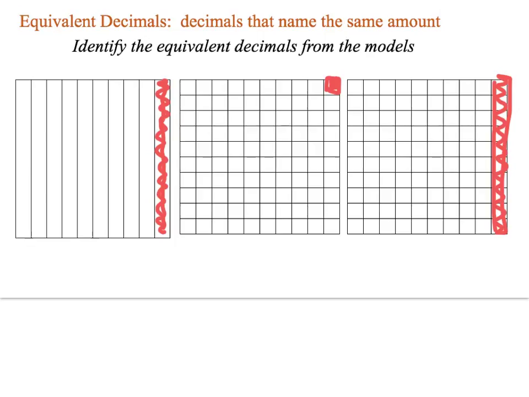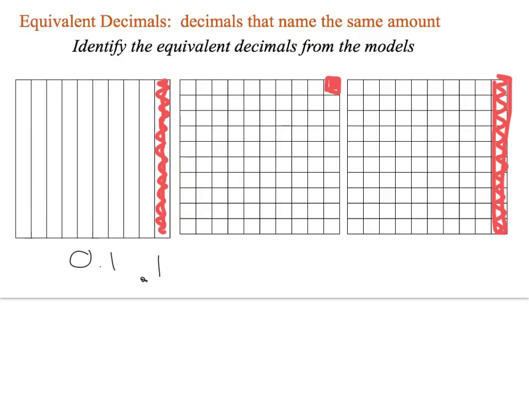So I have 1 out of 10 sections highlighted. As we discussed in our last lesson, you do have a choice of writing this number as 0 and 1/10, or you may choose to write it as just 1/10, which would be a decimal point 1.